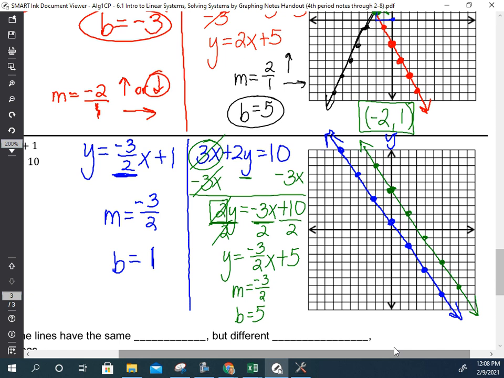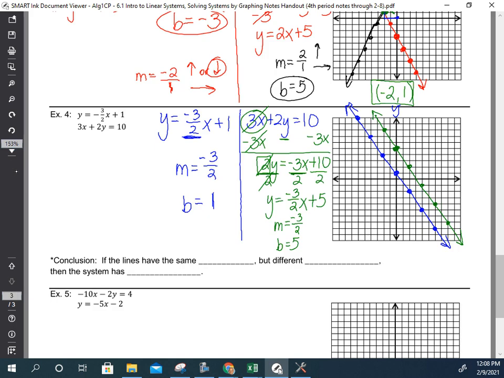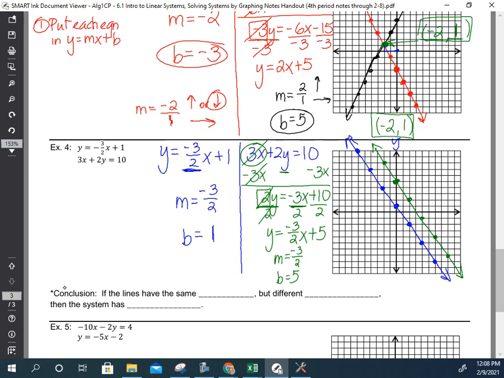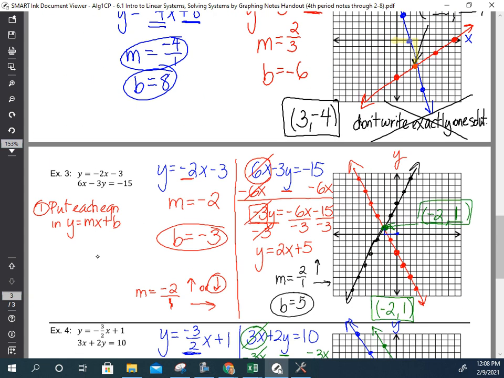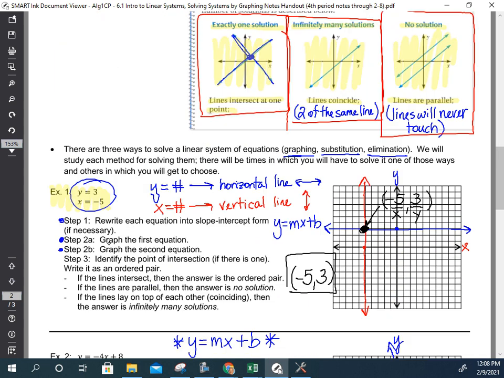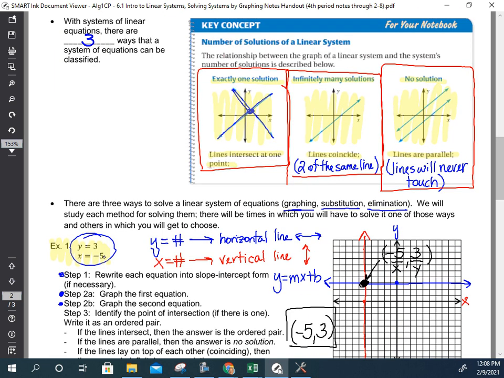Who was doing the problem and thought they did something wrong? Because they didn't meet. It's okay if you felt that way. This time you're not doing anything wrong. Those lines don't meet. So when we were going through the 3 types, if the lines don't touch, that means they're parallel.